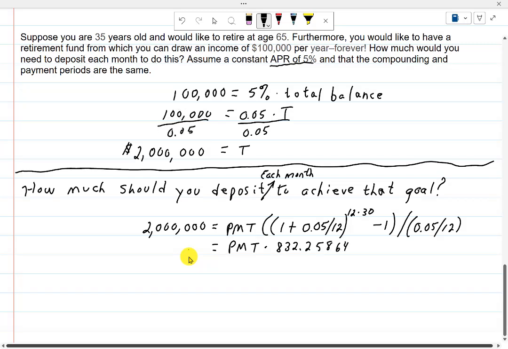I caution, use as many decimal places as you can live with here, because if you use too few decimal places, it'll throw your answer off by a lot. So I'm going to divide by exactly that number, 832.25864. Same thing over here.